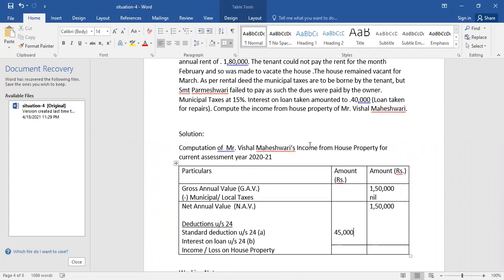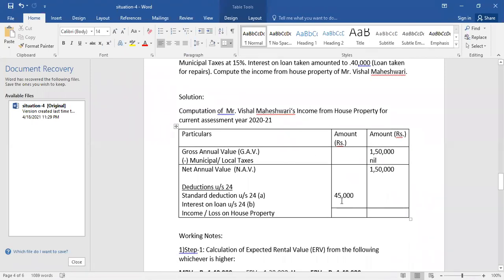When interest on loan is 40,000, that should be allowed as a deduction. So that is going to become 40,000. So the total deduction eligible is 85,000. Correct? So from 1,50,000, when you deduct 85,000, what is the amount? If I'm not wrong, 65,000.